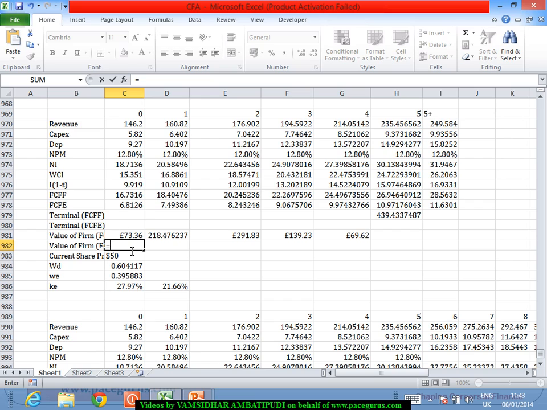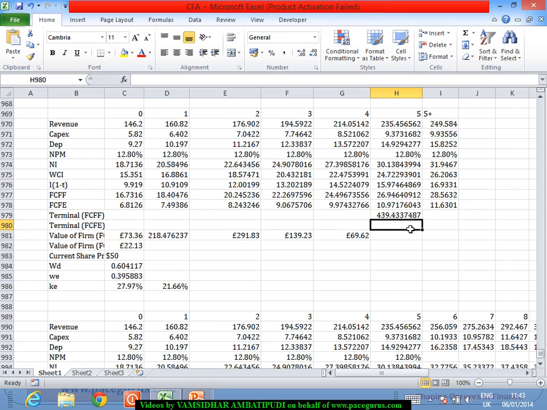Now in this case I can find the NPV at the rate of 27.97% discount for the first 5 years. This is my value of equity, and even the terminal value. Now I did not compute the terminal value using the FCFE approach.